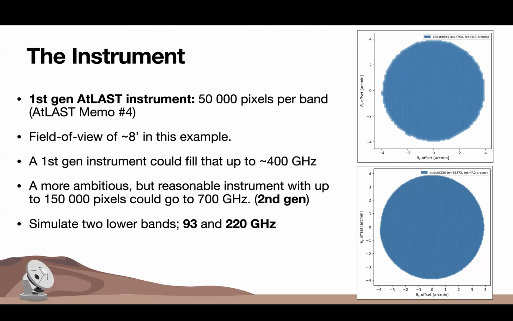And such an instrument would be well within the second generation estimates for an instrument. And for the example simulations, which I will now show in just a few minutes, we only simulate the 2 lower bands for computational reasons. They are centered at 93 and 220 gigahertz respectively, which is equivalent to ALMA band 3 and band 6, if you're familiar with ALMA.